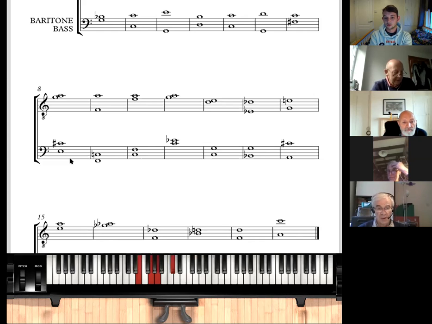See how it's closest? It's the closest dominant 7th you can have. The closest voicing you can have for a dominant 7th. All other voicings of a dominant 7th are more spaced apart than this one. That one's pretty close, but it's not as close as that.